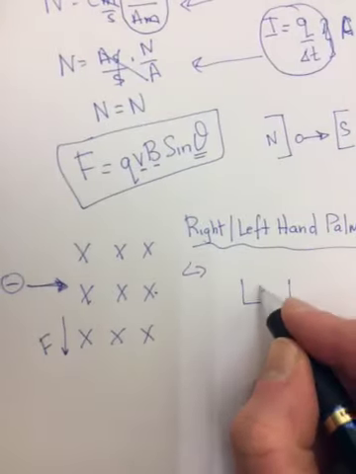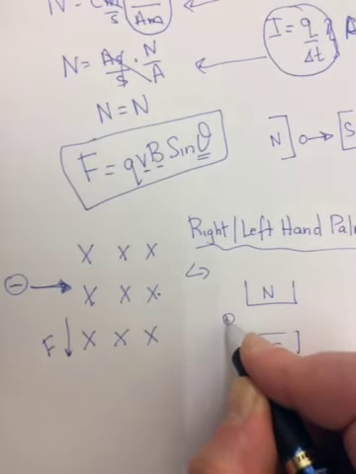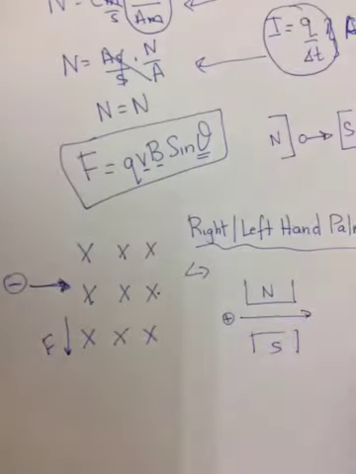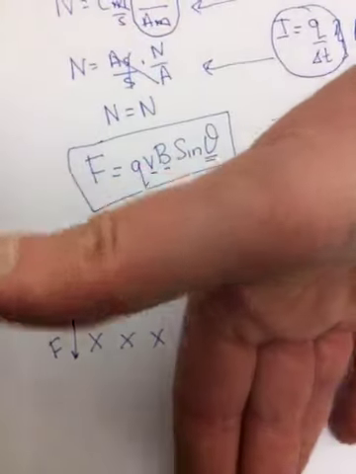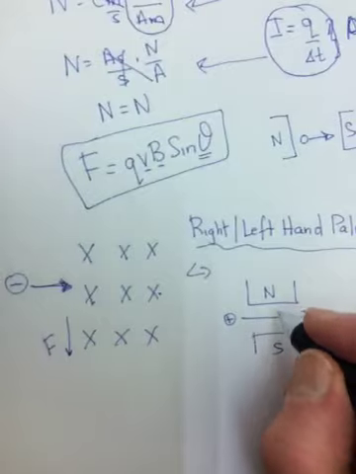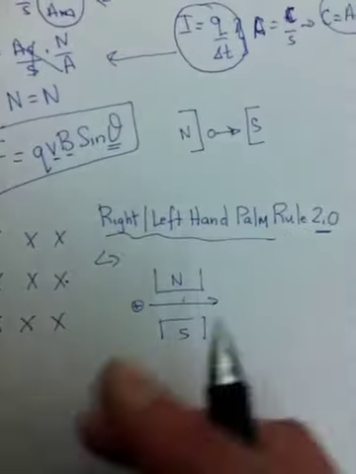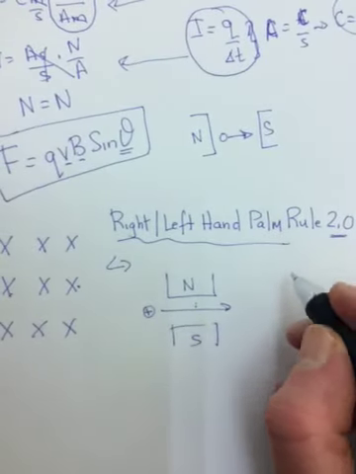What if I had a north here and a south here, and I had a positive charged particle moving like this? My fingers go from north to south. My thumb has to point in the direction of the flow of the particle, so this one would be going into the page. Okay?